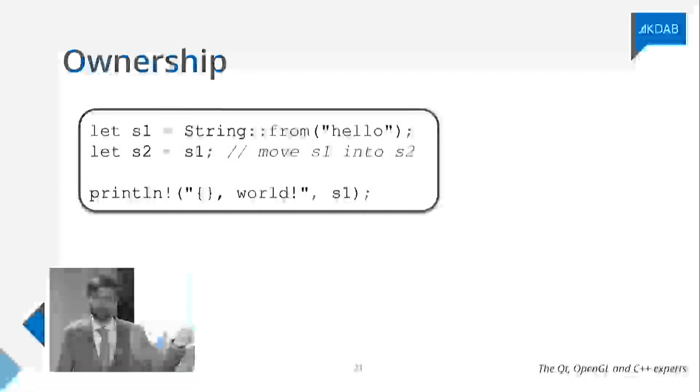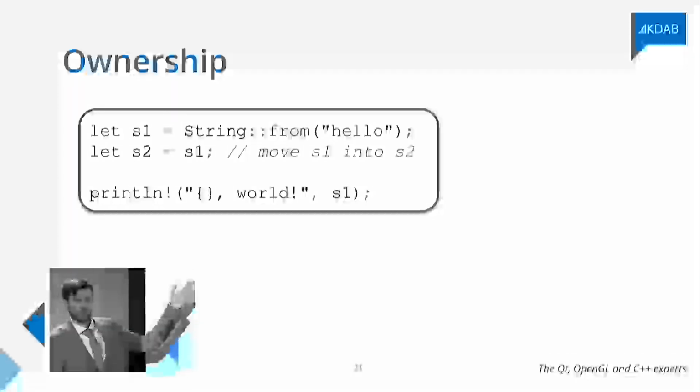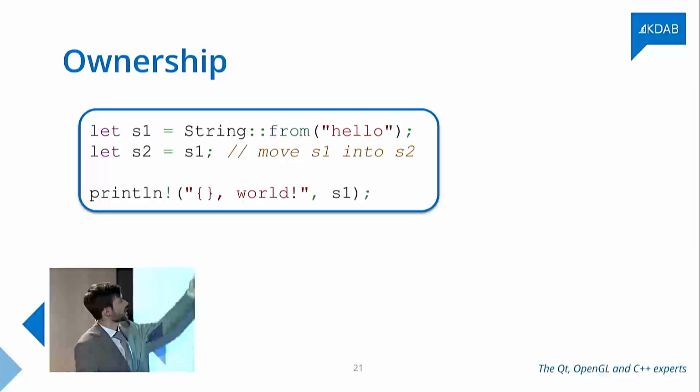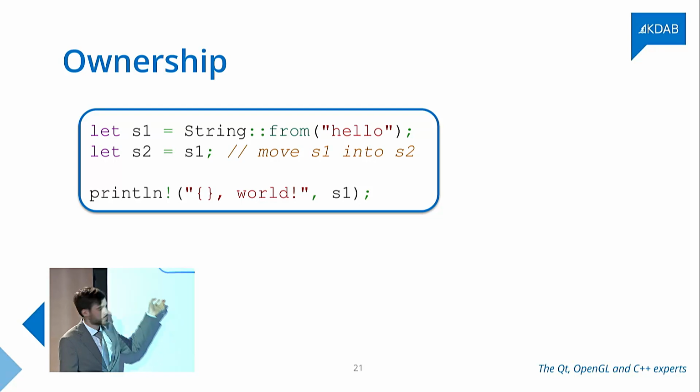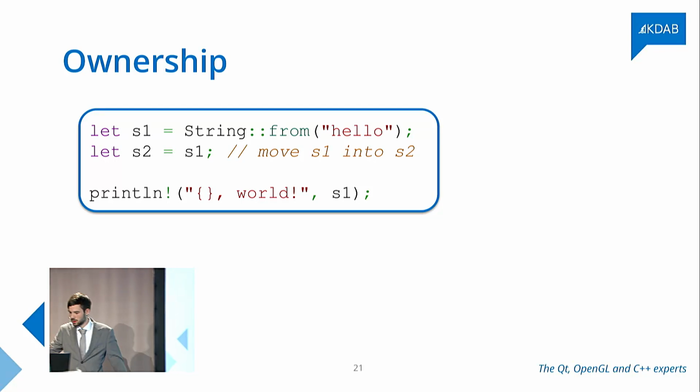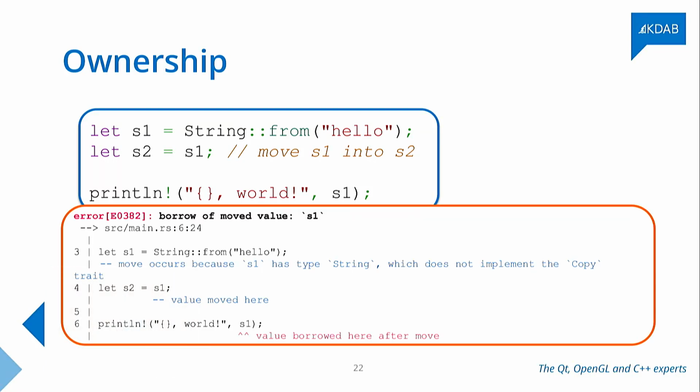Instead of within C++ where it's copied, we're actually transferring ownership here. We want to actually say, okay, S2 is now the thing that owns that particular string. And if we try to print that, well, the compiler complains about it, because we're trying to print the original string, which is S1, but we've moved it away, so it doesn't exist anymore. And the compiler knows because it's tracked that move.